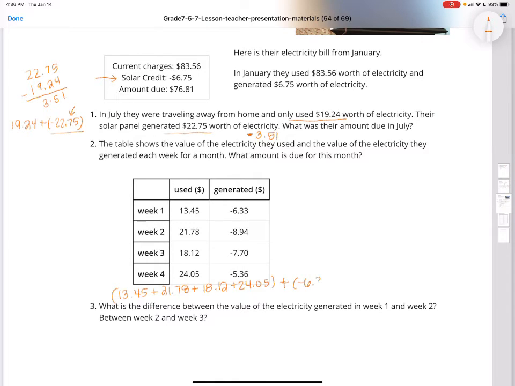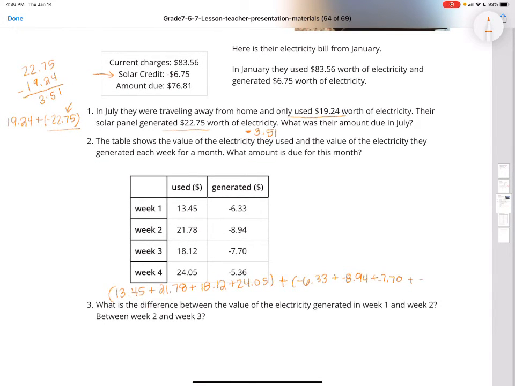So negative $6.33 plus negative $8.94 plus negative $7.70 plus negative $3.60.